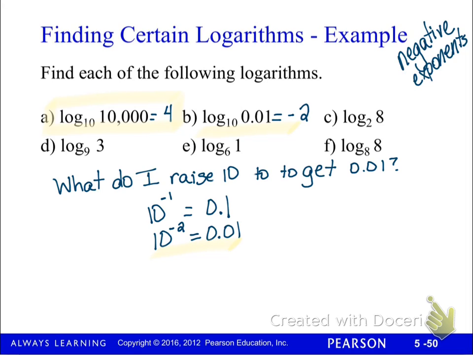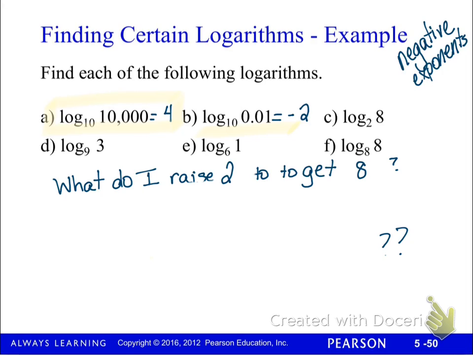Okay, let's do C. So C says log base 2 of 8. So we are going to ask ourselves, what do I raise 2 to in order to get 8? Okay, and so we may do some work just right over here to the side.